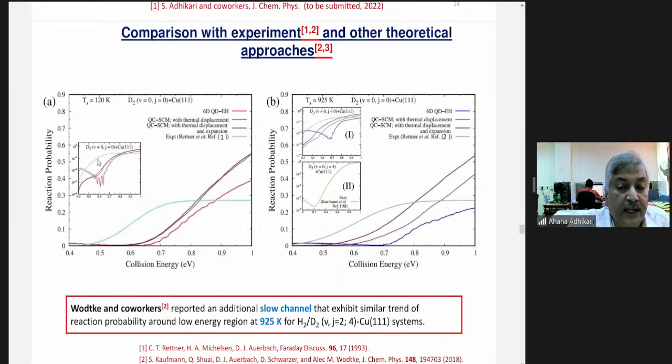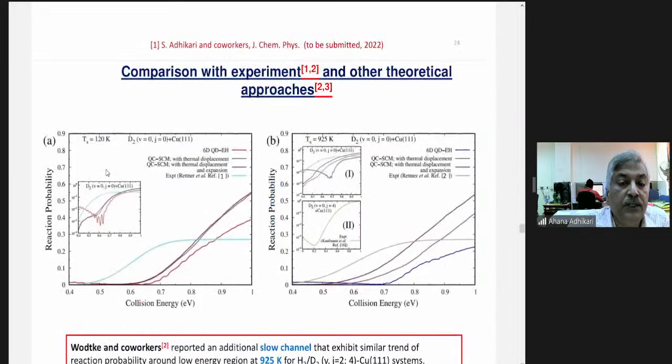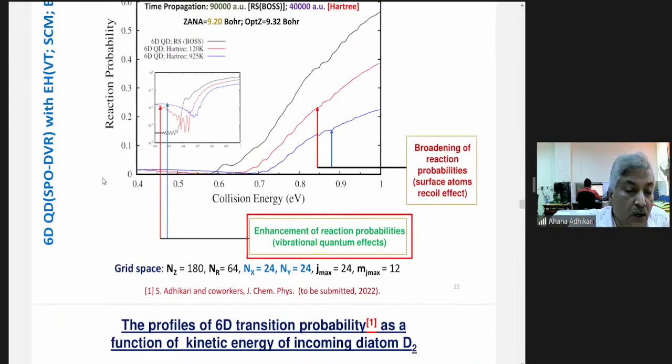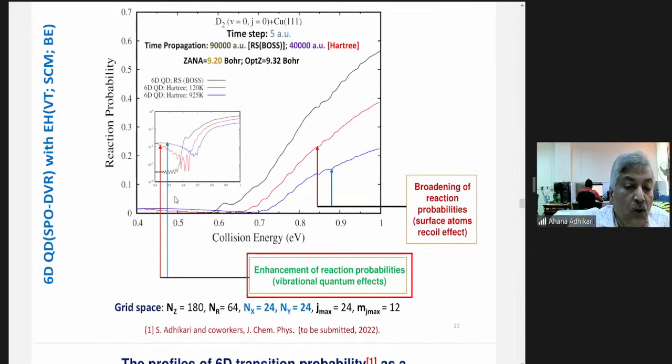Okay, wait a minute, we reached the wrong place. So you can see we have an increase in reaction probability at low collision energy, and that is an experimental observation. So we are the first theoretical calculation that shows it.